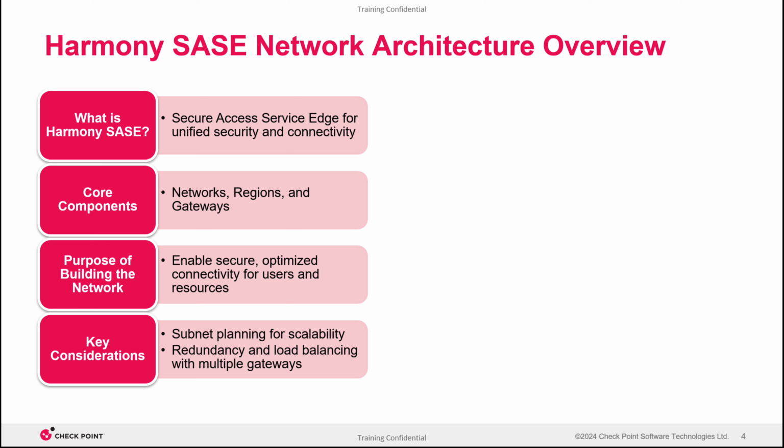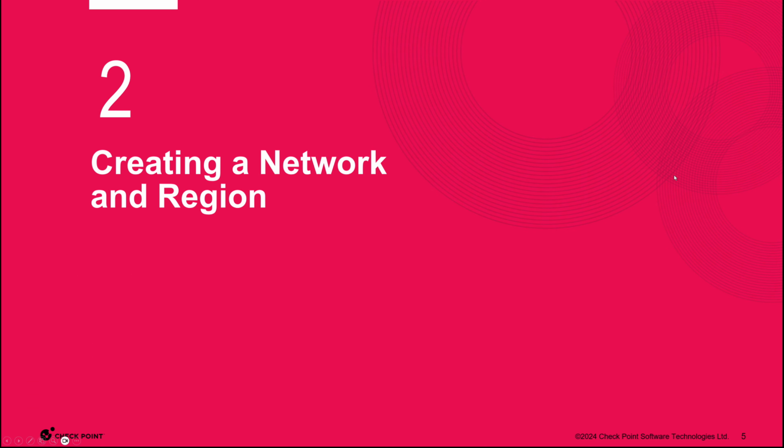Regions determine geographical placement for low latency, and gateways act as secure entry points. When building the network, our goal is to enable secure, optimized connectivity for users and resources. Key considerations include subnet planning for scalability and adding redundancy with multiple gateways.